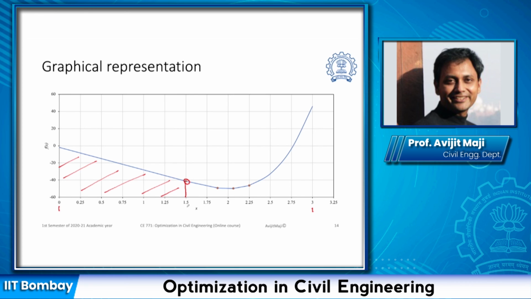Then my revised boundary is going to be from here to here, and the midpoint of this is going to be somewhere very close to 2.25. So we looked into 2 points very close to 2.25 and realized that the objective function values on the right hand side are going to increase, hence the optimum solution is not going to lie at any point on the right hand side of this point. So we eliminated that region.